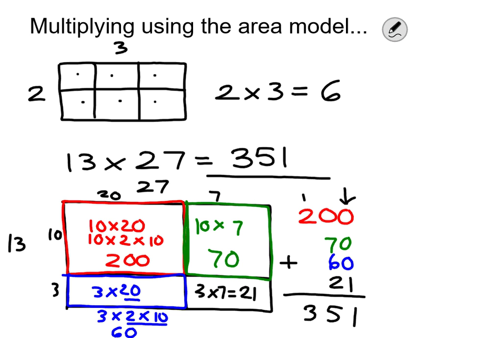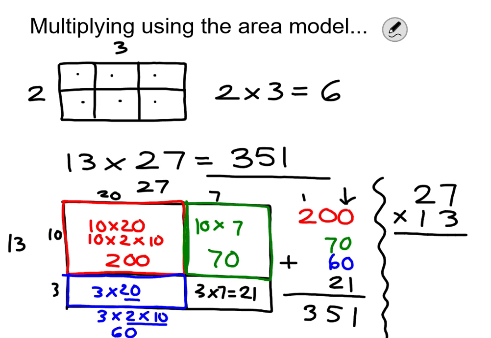If you don't want to draw the picture, if you want to show your work differently, you can also show your work like this. If you write your multiplication like this, what we're going to do is start in black with 3 times 7. 3 times 7 is 21. And then in blue, we're going to do 3 times 20. 3 times 20 is 60.